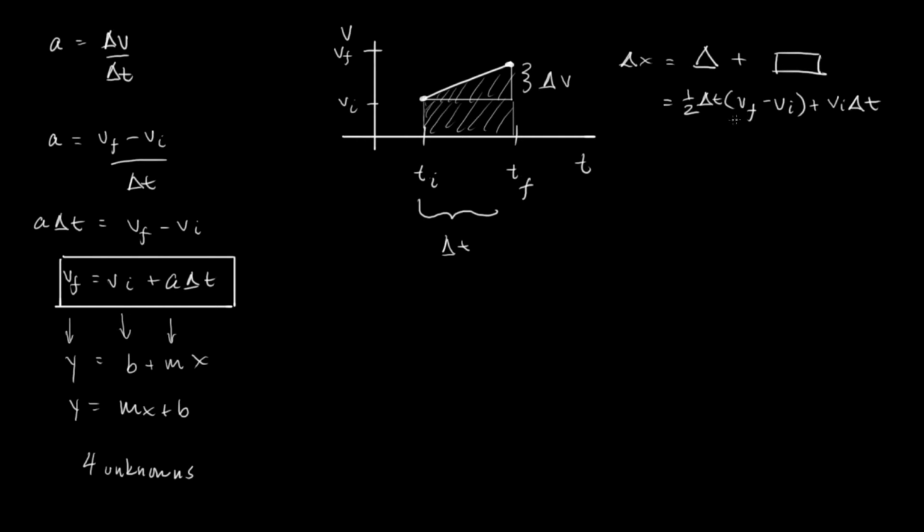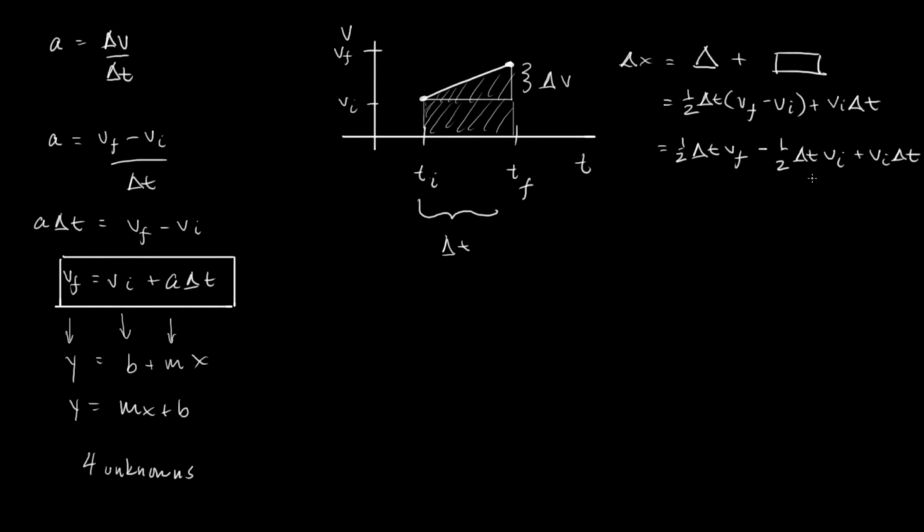So let's simplify this a little bit. We get 1/2 delta t v sub final minus 1/2 delta t times v sub initial plus v sub i delta t.